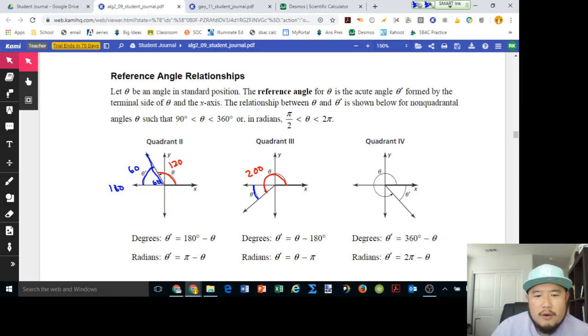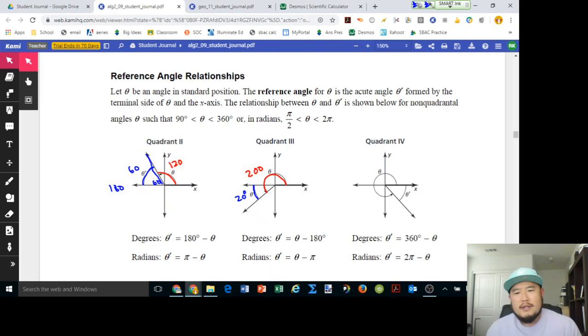And that right there will end up being 200 minus 180, which is 20 degrees. And that is our reference angle.